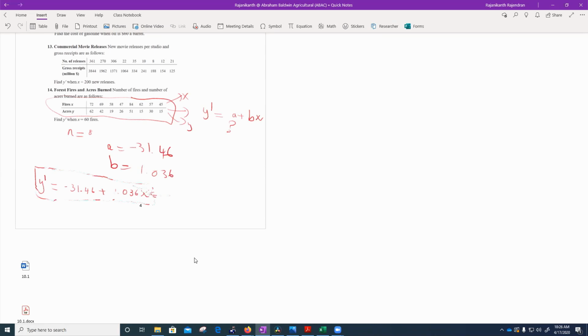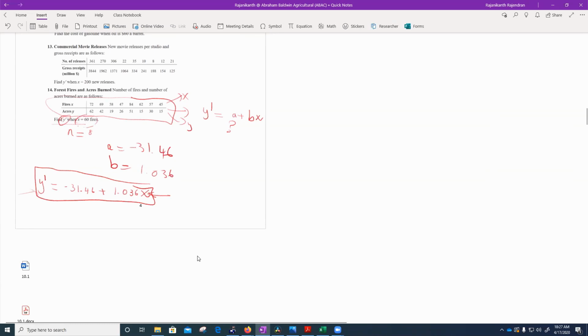This is the number of fires, and y prime is the destroyed area of land. So this is the formula we have. Once you have the formula, we could predict y prime if you are given any x value, right? What is the question here? After estimating your best fitting line, the question is to find y prime when x is 60.